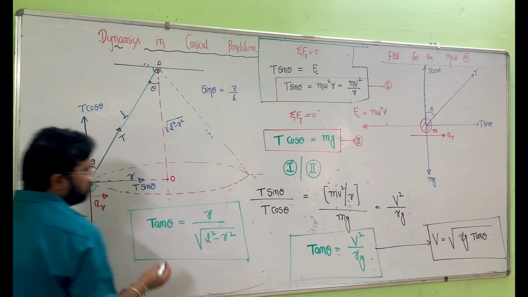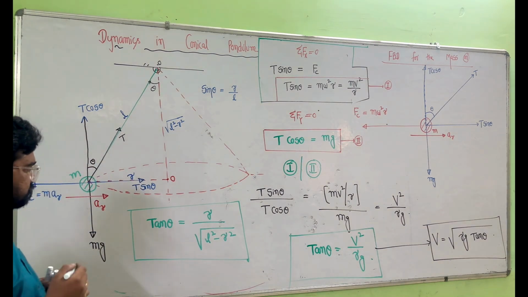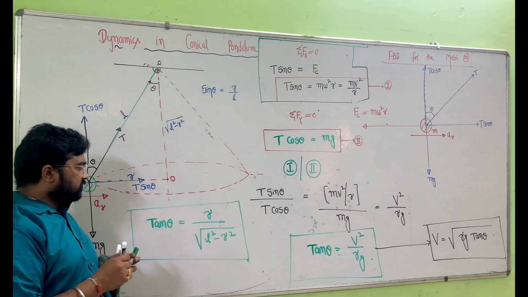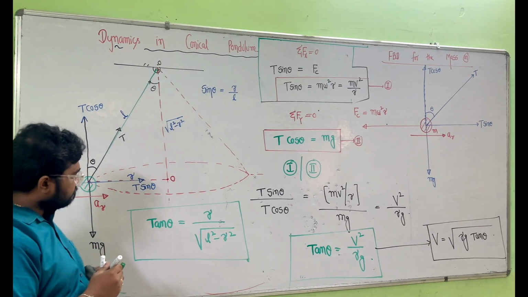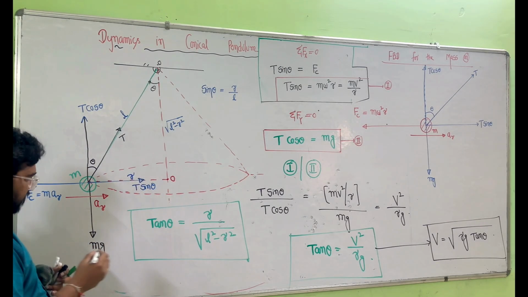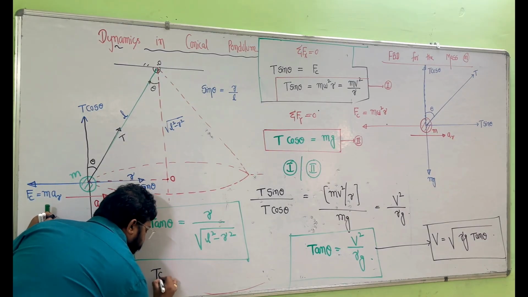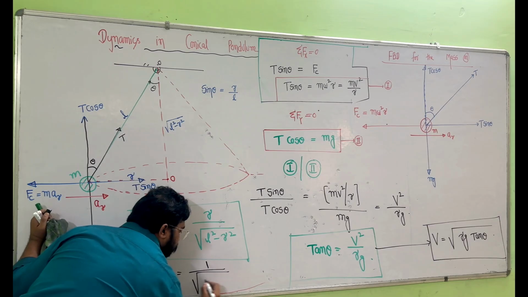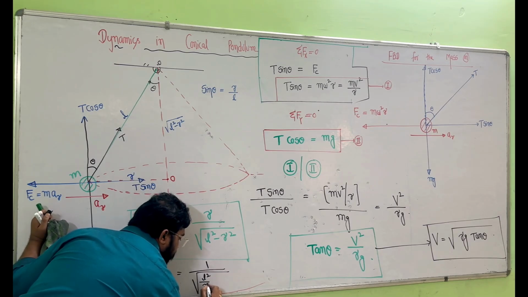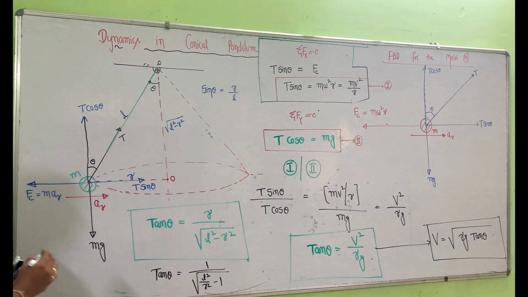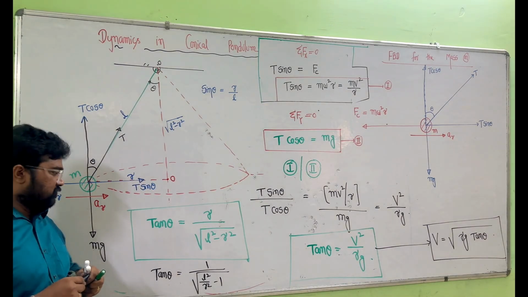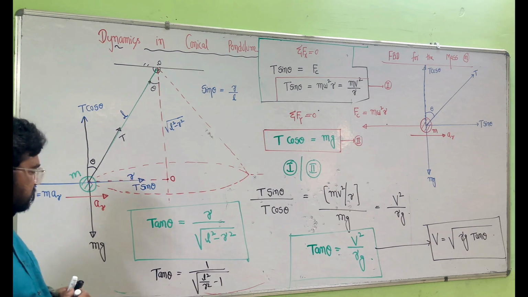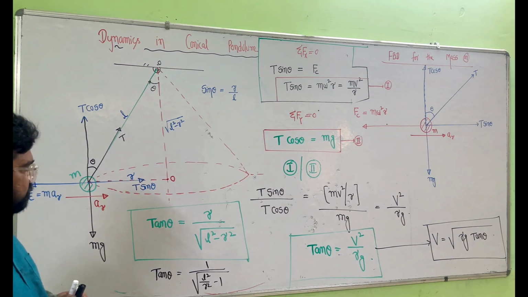So here we can write tan theta equals 1 by the square root of L square by R square minus 1.